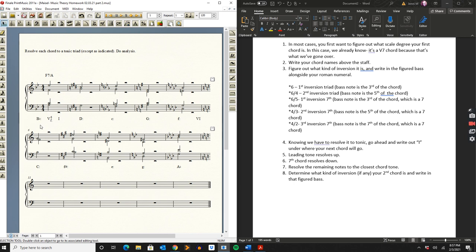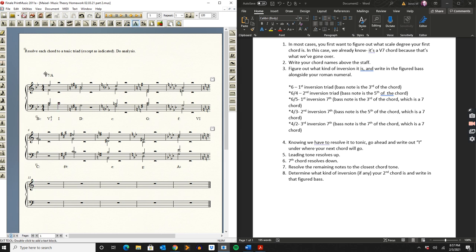The first thing we need to determine is what our leading tone is. The key signature is B flat, so the leading tone is going to be an A natural. Making sure we're in the right layer, let's take that A natural and resolve it up to a B flat.